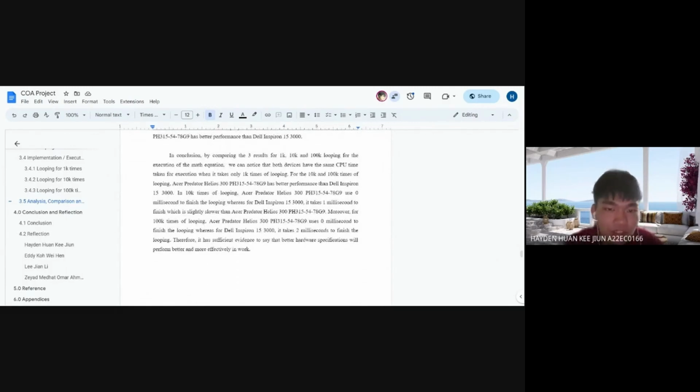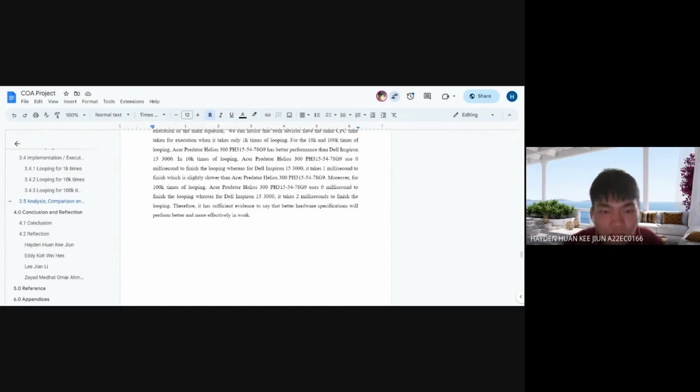In conclusion, by comparing the three results for 1K, 10K, and 100K looping for the execution of the math equation, you can notice that both devices have the same CPU time taken when it is only 1K times of looping. For 10K and 100K times of looping, Acer has better performance than Dell. In 10K times of looping, Acer used 0 milliseconds to finish, whereas Dell takes 1 millisecond, which is slightly slower than Acer.